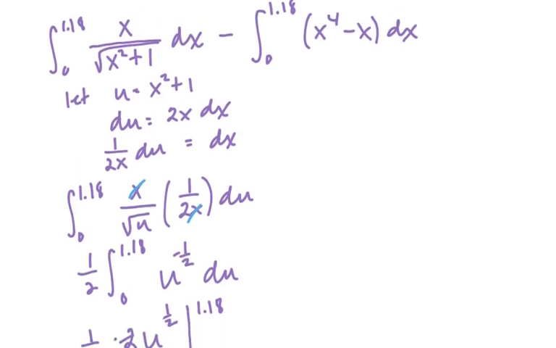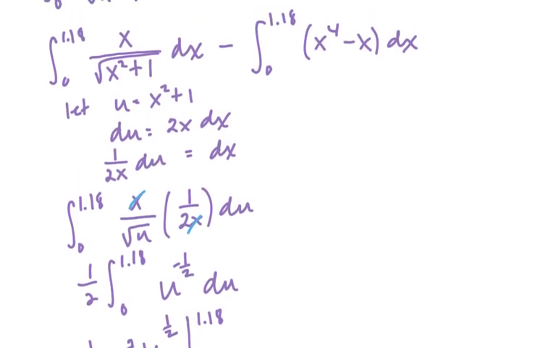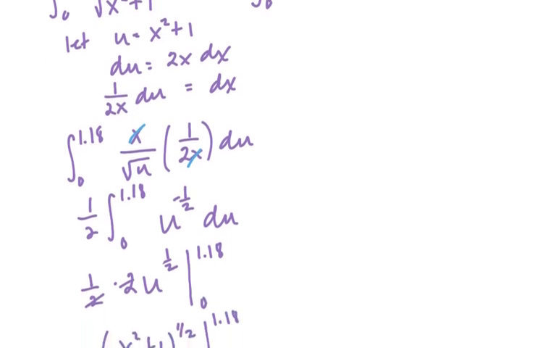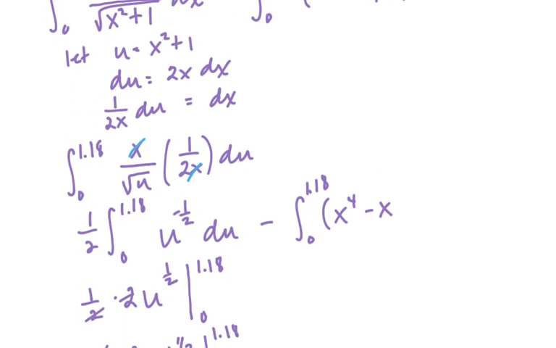So let's pick up here right before we integrate. So let's say minus the integration here of x to the fourth minus x from 0 to 1.18. My pointer doesn't want to show up tonight. With respect to x. So when we integrate this, x to the fourth becomes 1/5 x to the fifth, or x to the fifth over 5. Either one is good.